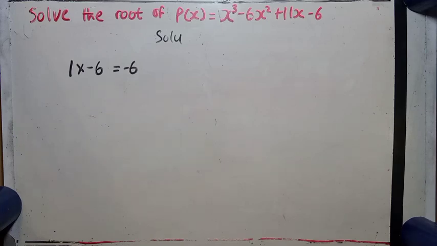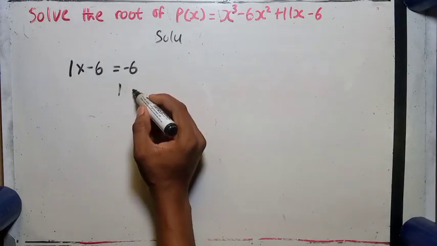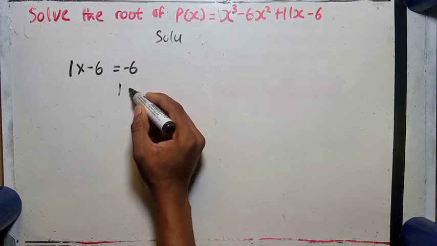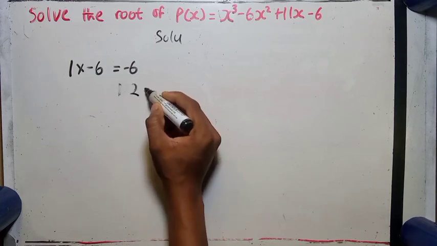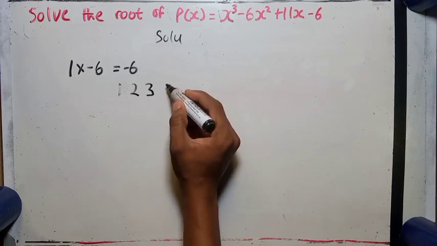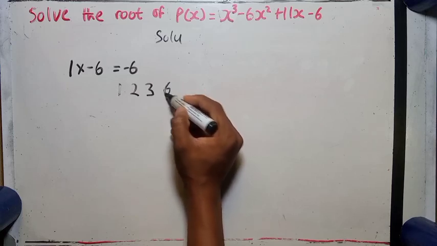So you ask yourself, what are the factors of minus 6? You have 1, you have 2, you have 3, 4 can't divide 6, 5 can't divide 6, then I guess 6.